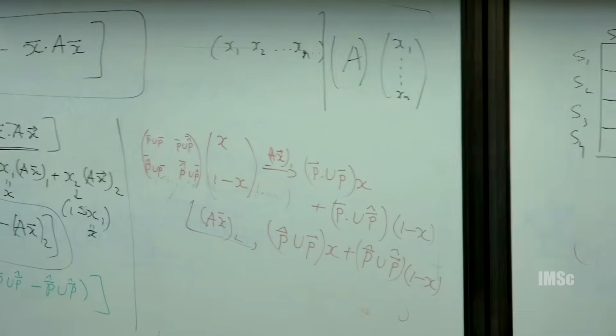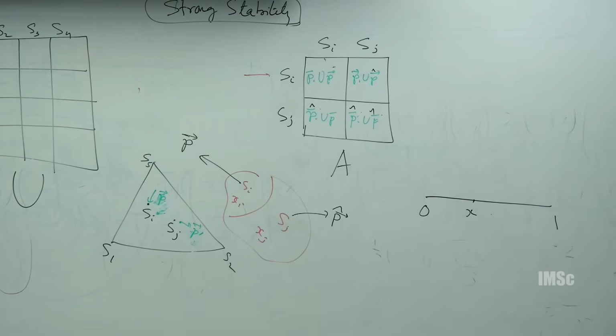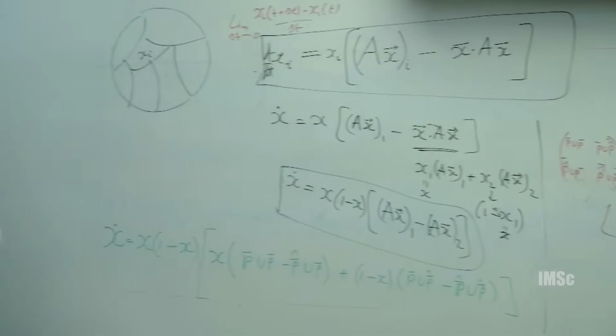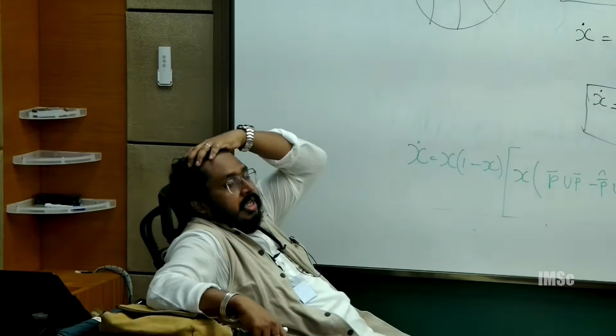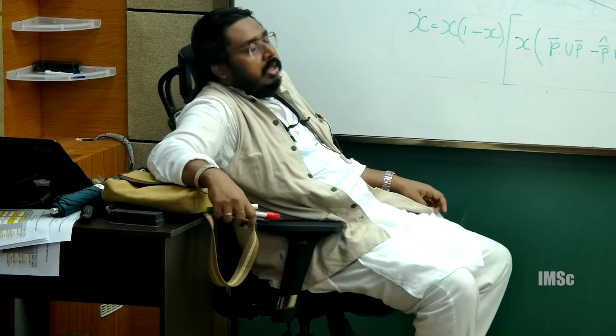So, now let us ask this question. Suppose I want to show that S j, which corresponds to P cap, is ESS. What would that mean?